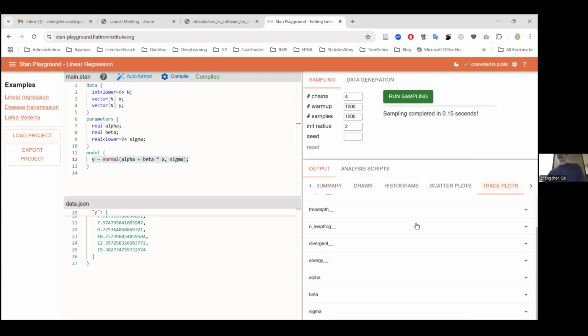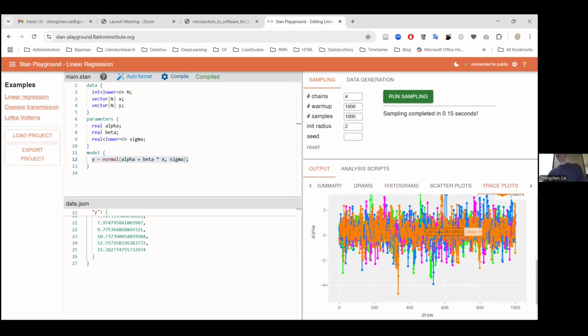We can also check some diagnostics, which I will explain later, the trace plot of each chain. So here you just have the value drawn from each sample, and you have 4 chains, and it's just going randomly up and down, and here is just the number of draws, okay? So in total, you'll have 4,000 draws.